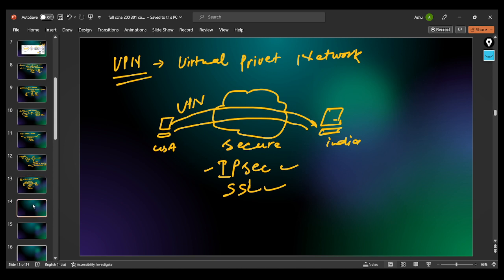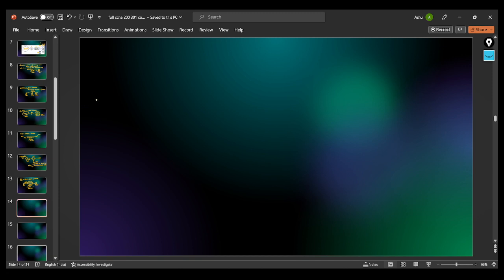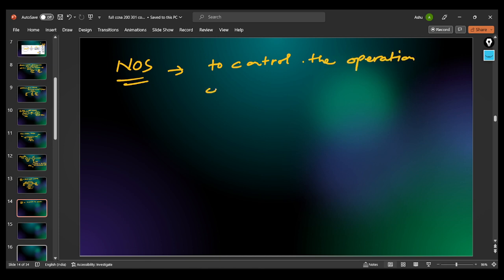Now, what is a network operating system? Clear? It is for managing. It is just like software to control the operation of the network, such as printer and file share.